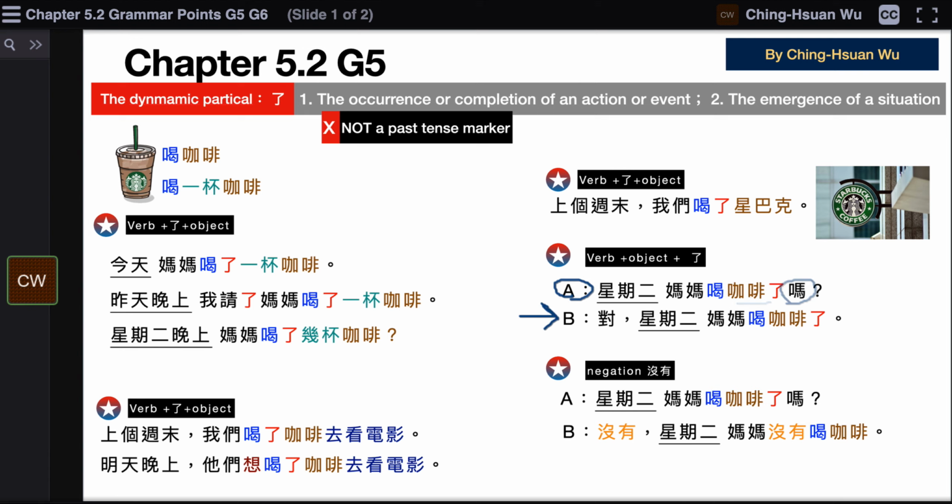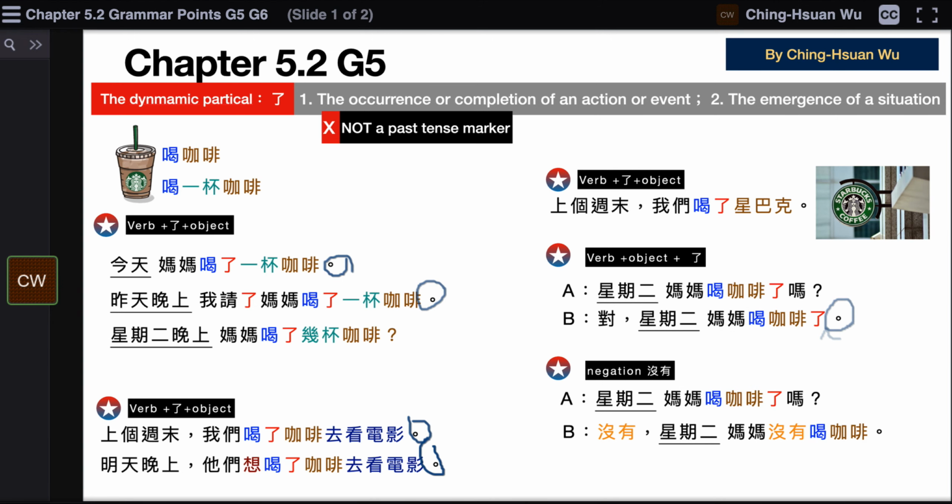Now person B replied, 对, that is correct. 星期二 Tuesday, 妈妈 mother drank coffee, has completed the action of drinking coffee. In this case, although it is a declarative sentence like this one or here.